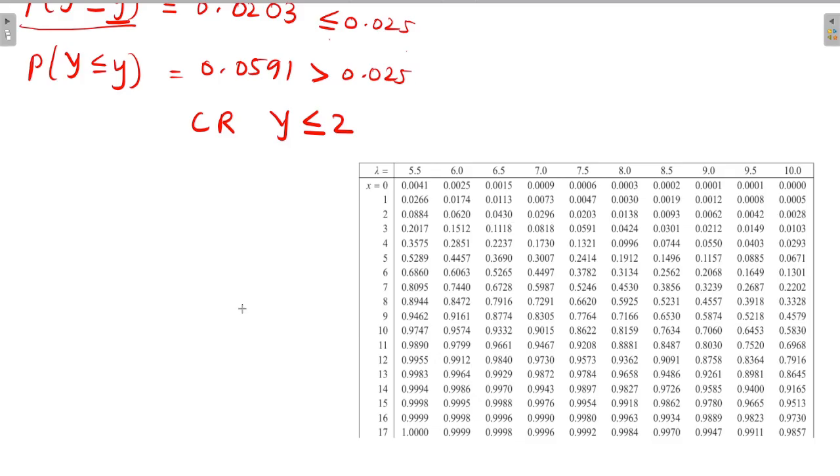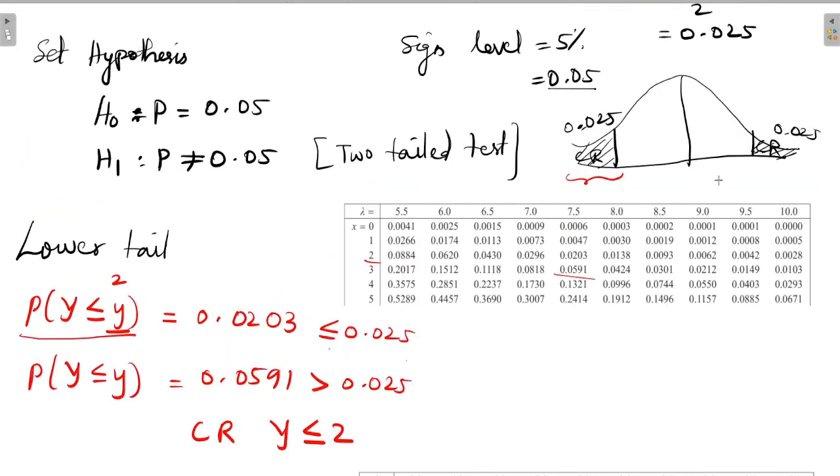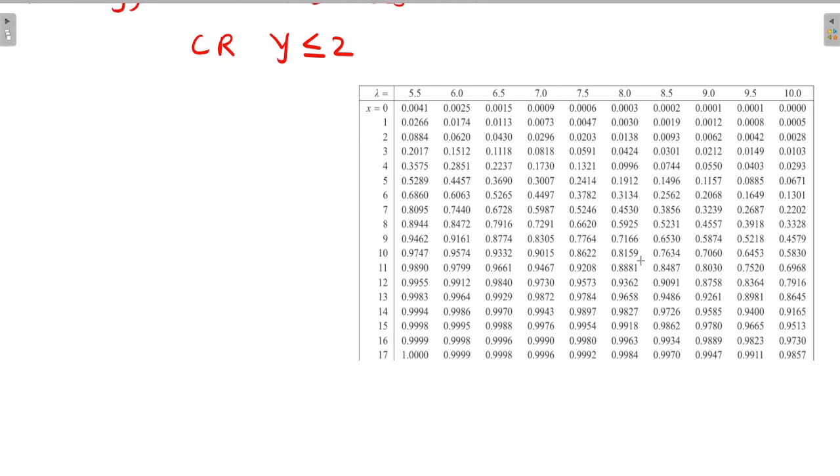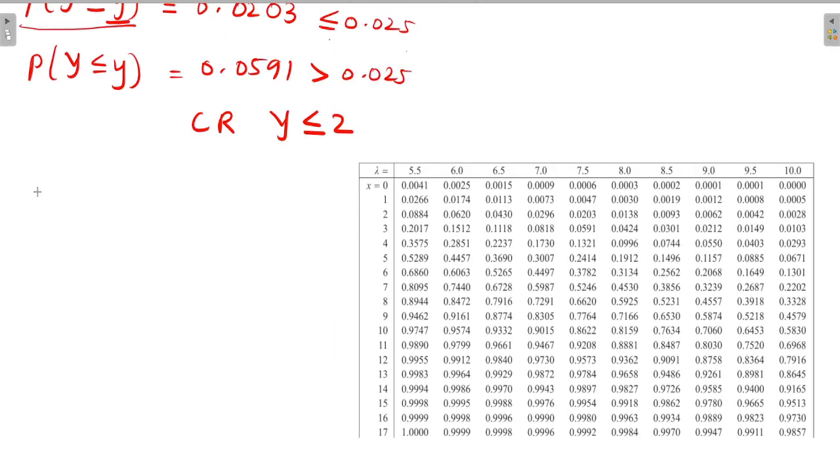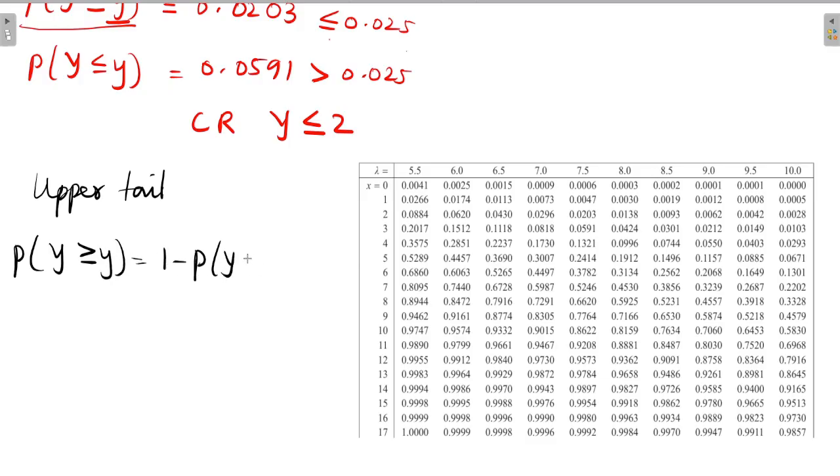Let us find the other critical region, because we have two critical regions, the lower tail and the upper tail. So let's find the value for the upper tail. By the upper tail we can also find the critical region. The probability of Y greater than or equal to y is equal to 1 minus the probability of Y less than or equal to y minus 1, which must be less than or equal to 0.025.